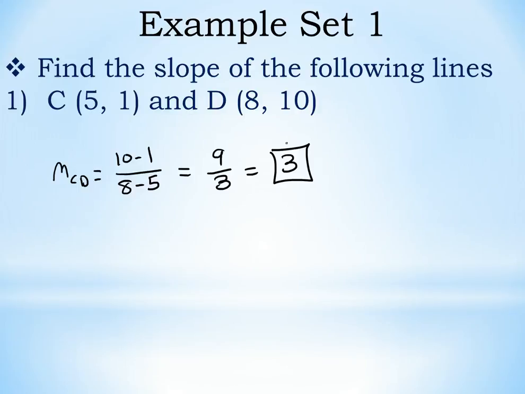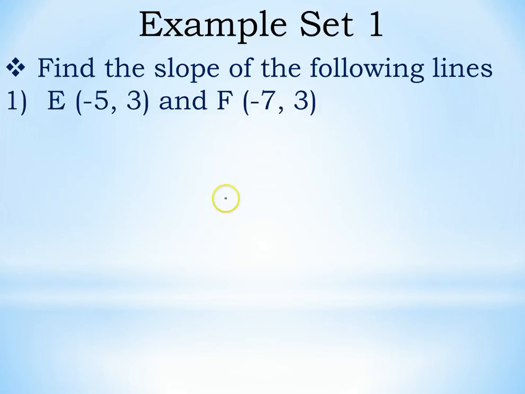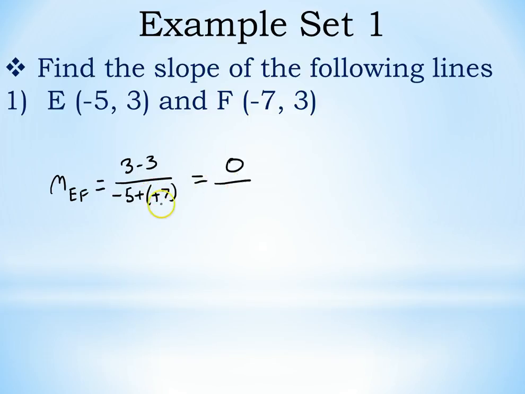There are two special cases, though. So if I want to find the slope of EF, we do y minus y, so I'll do 3 minus 3 over -5 minus a -7. 3 minus 3 is 0. -5 plus 7 is 2. 0 divided by 2 is just 0.